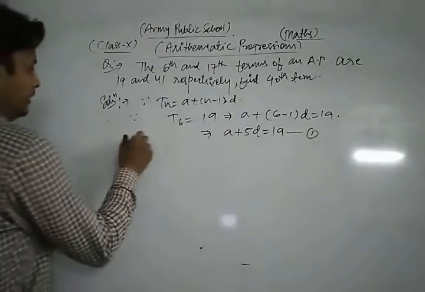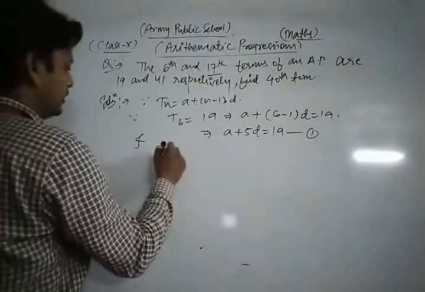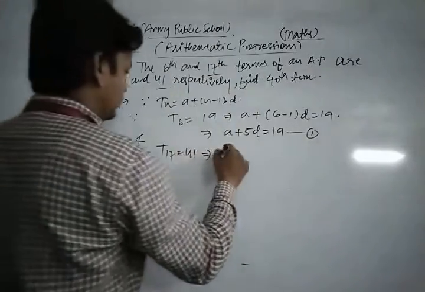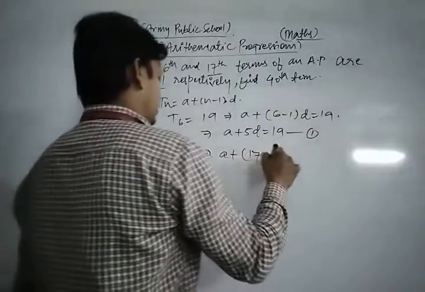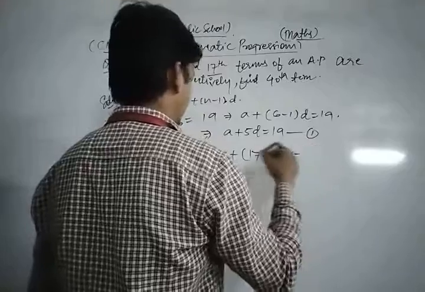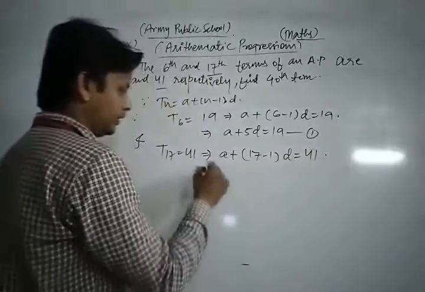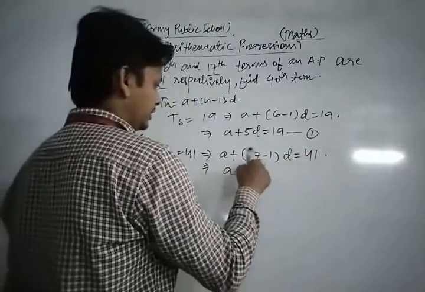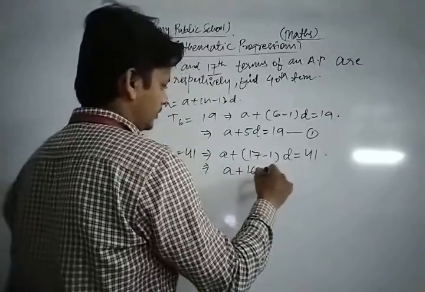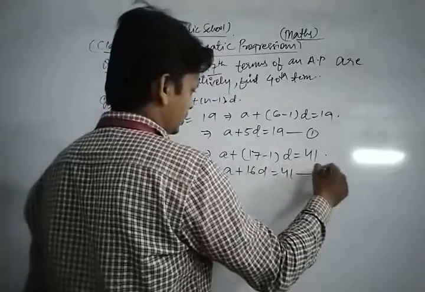And the 17th term T17 is 41, so we have A plus 17 minus 1 into D is equal to 41. So we get A plus 16D is equal to 41.